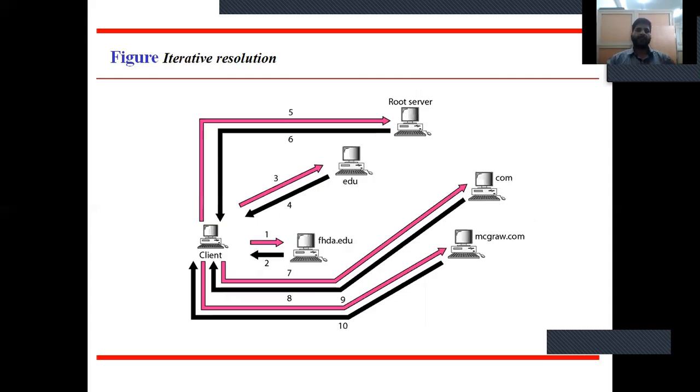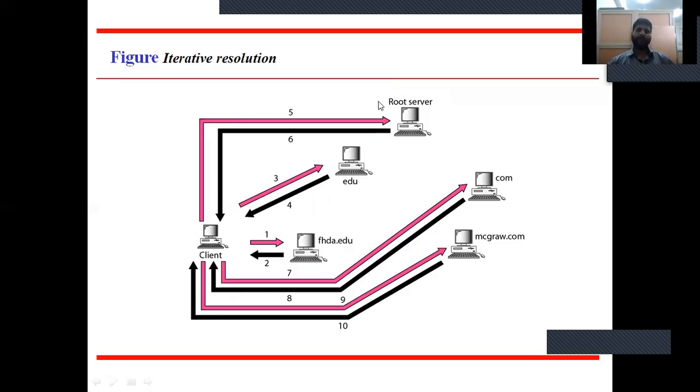Similarly, iterative resolution is shown in the figure. Now, in this approach, the client requests fsda.edu, and fsda responds to the client, second process. Next the client connects with edu, and edu provides the response to the client.